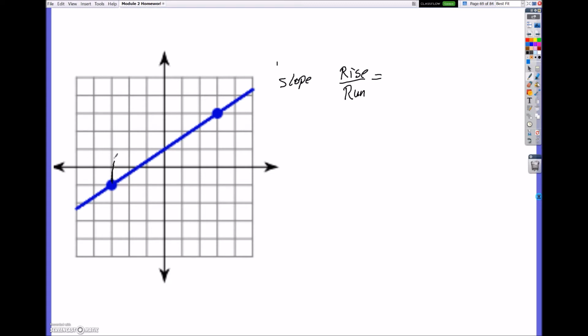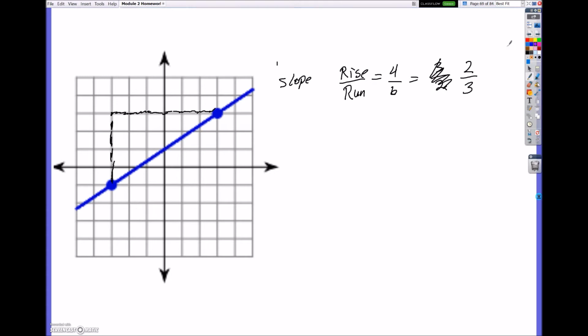So I go up 1, 2, 3, 4 spots. So that's my rise. And then my run is how much do I go over? 1, 2, 3, 4, 5, 6. I went over 6. You see if you can reduce, which I can, which is 3 over 2. Nope, other way around. 2 over 3.